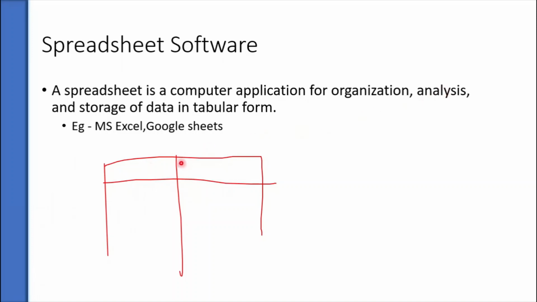And analyze: we can perform an analysis on the data and we can give an output. So now it's clear what a spreadsheet application is. Once the data is in tabular form, then we can use that data to organize, analyze, and store. That's spreadsheet software.